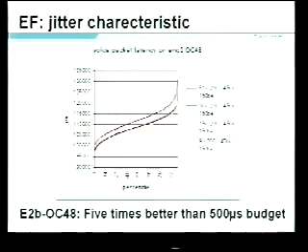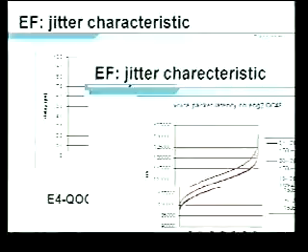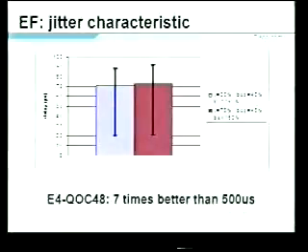Technically, it's hardware that was built in '98, so it's old technology. If I do it with more recent hardware, so an engine 4, a quad OC48, you see here an even more difficult test scenario where I have 75% of voice going in my PQ, 45% of business, and 150% of best effort.